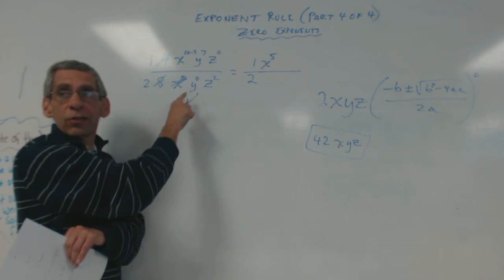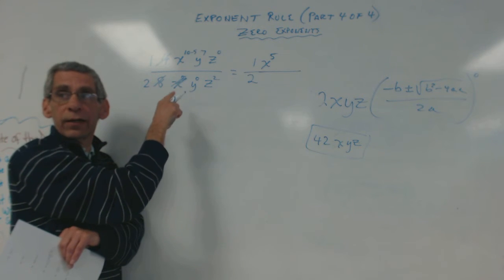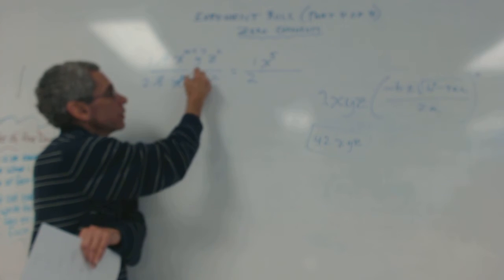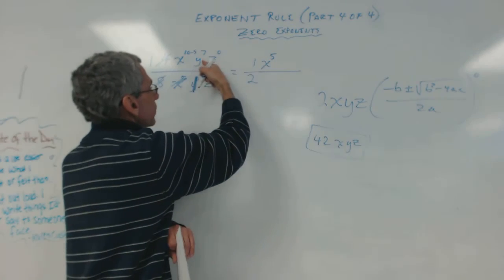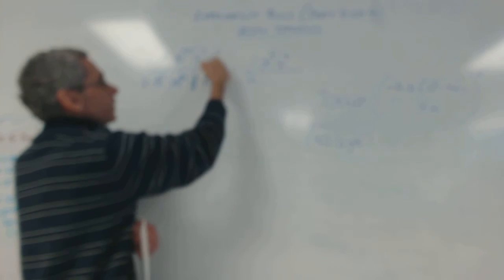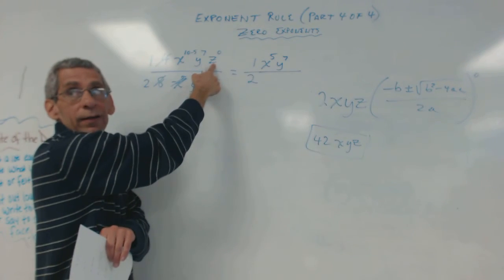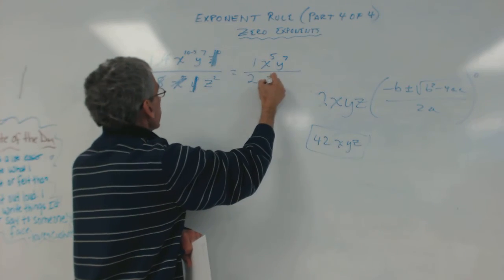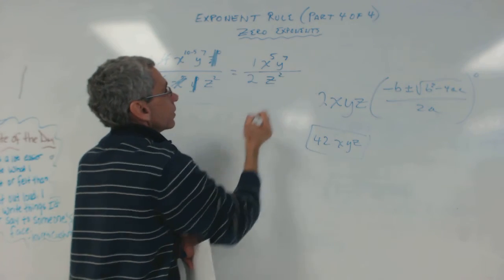Y to the 0 does not equal y to the 1. It equals 1. So that's going to stay there, y to the 7th. Now z to the 0 does not equal z to the 1. It's just 1. And you can cross that out. So I just keep my z squared down here.